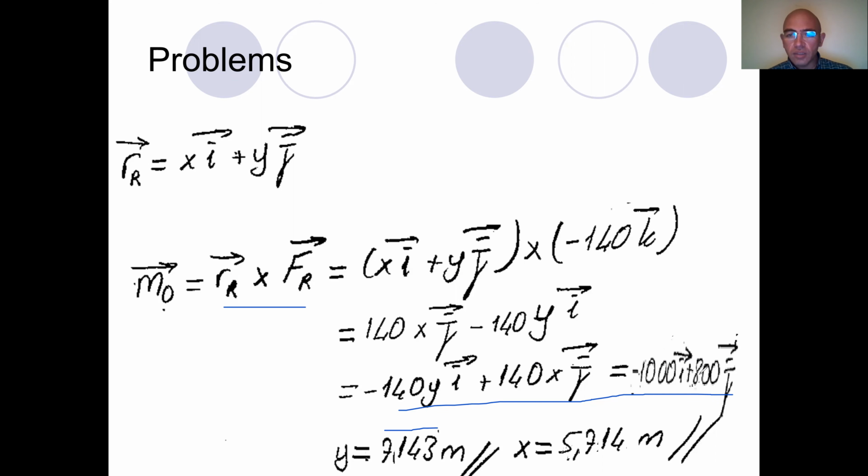And the j components have to be equal as well on either side. So 140x has to be equal to 800. As a result, 800 divided by 140 will give me 5.714 meters for the x component of the location of the resultant force.